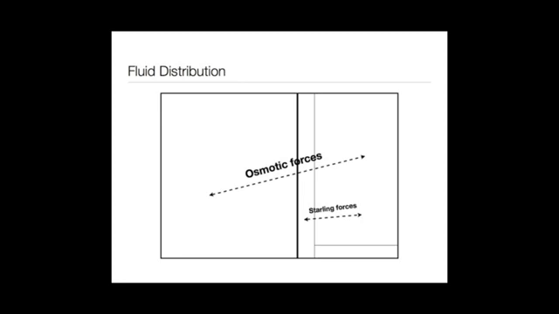The osmotic forces and the concept of osmolality determine the basic balance between the intracellular compartment and the extracellular compartment, while the Starling's forces are important in the distribution between plasma and interstitial fluid, which are, as I just said, two of the most important components of the extracellular fluid.